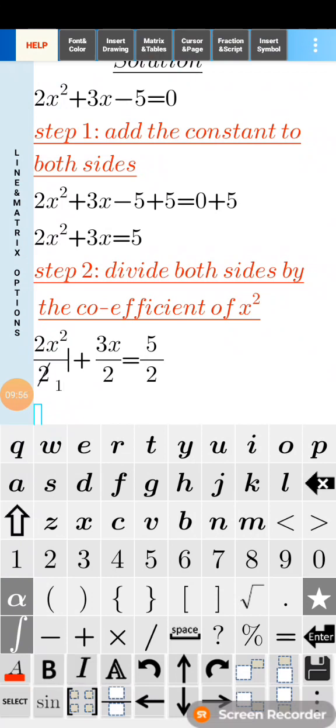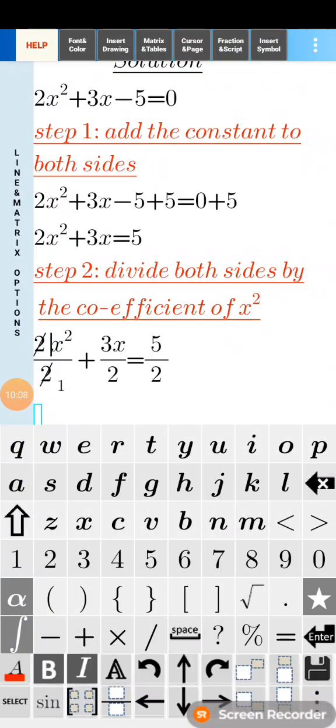And I'll come to the numerator and do the same thing. 2 in 2 will also give me 1.